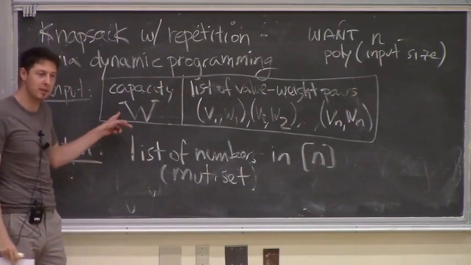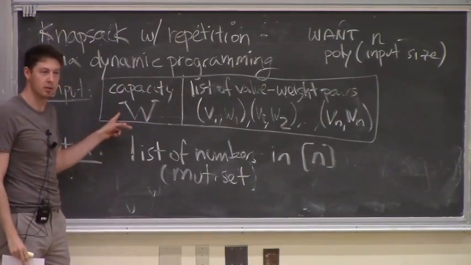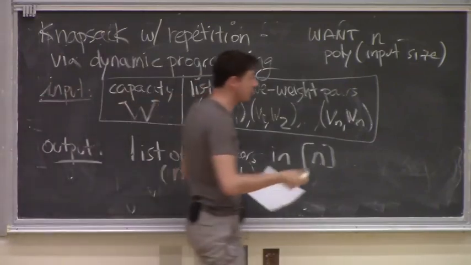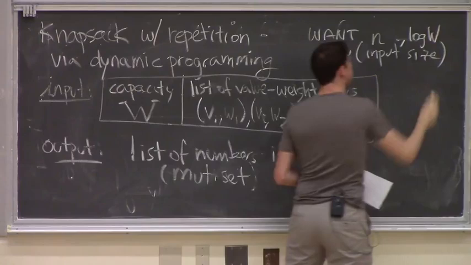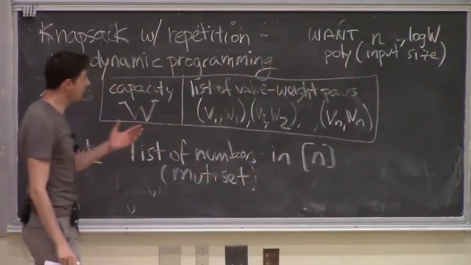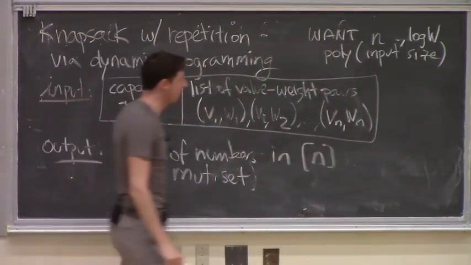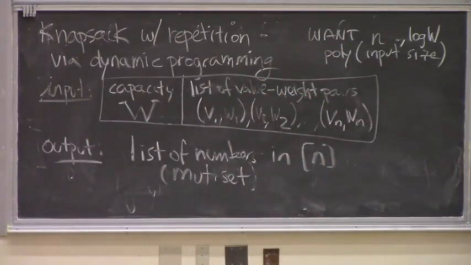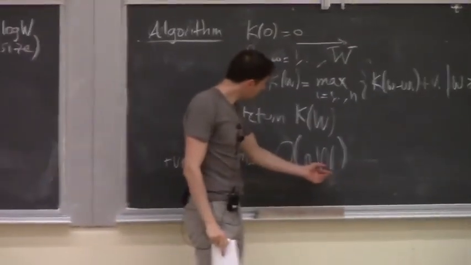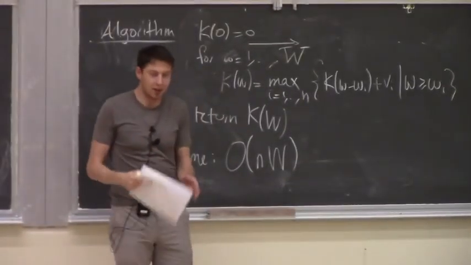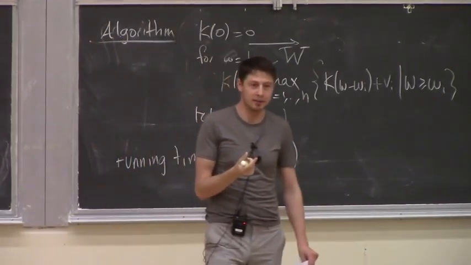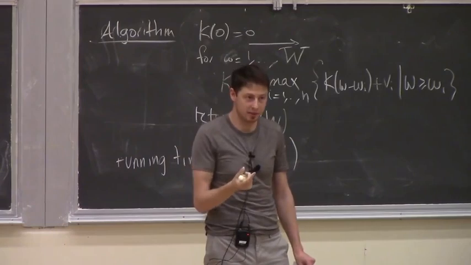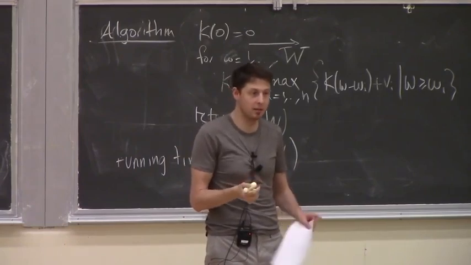How many bits does it take to represent capital W? Log W, right? I mean, unless you encode it in unary or some stupid basis. But in binary, it would be n and log W. But here, we're paying exponentially in it, okay? Even an integer that can be represented in like 300 bits, it's not a lot, right?